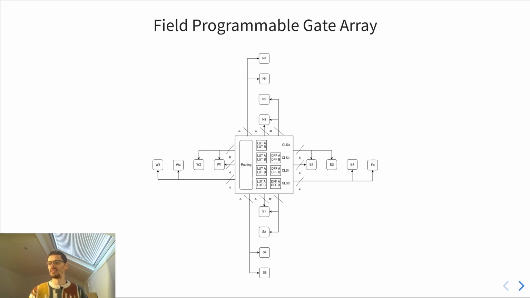This routing connects the lookup tables to the wires, and there are wires that go to one tile next to it, and then 2 tiles next to it, and 4 tiles next to it, and 8 tiles next to it. You can see in the slide how many of each there are. And on top of that, there are a few wires that are global across the whole FPGA, like for clock routing.